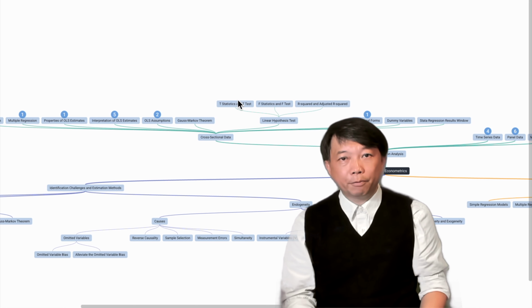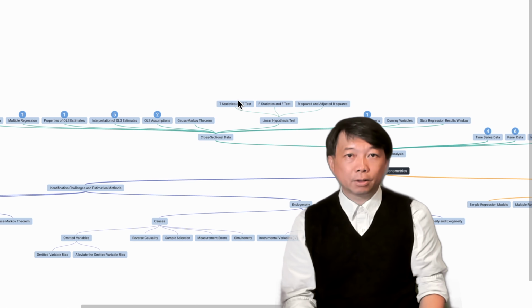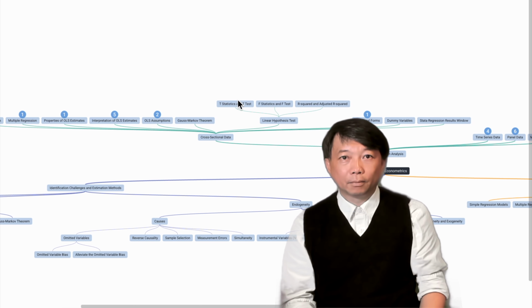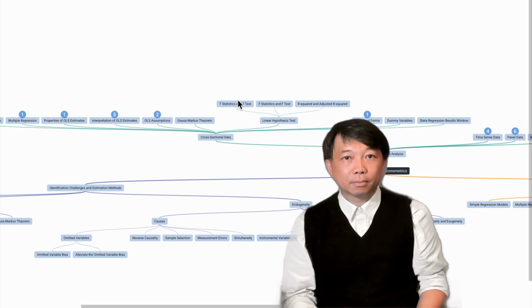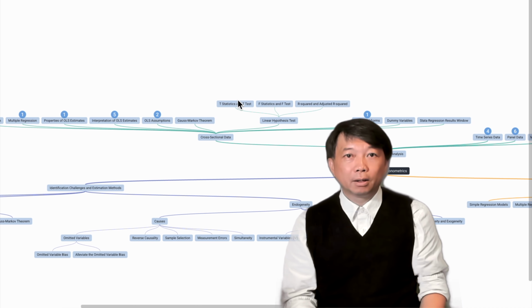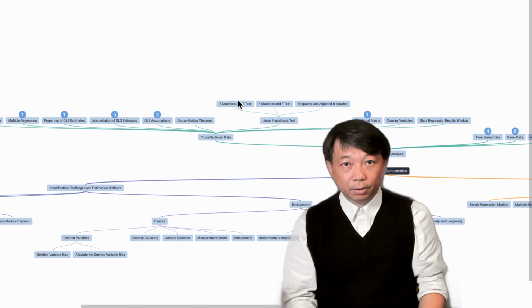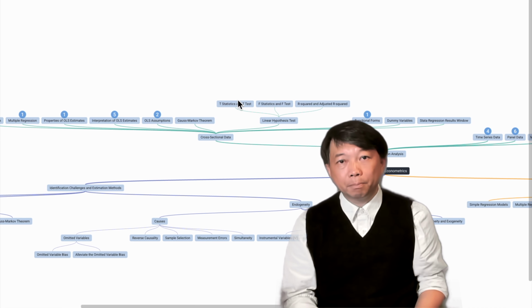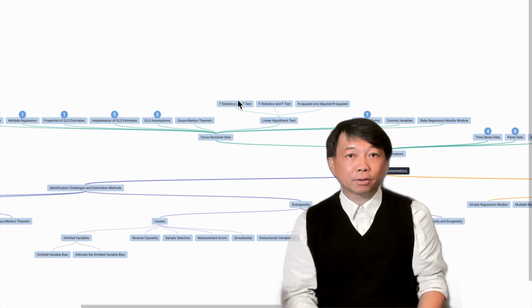If the null hypothesis is true, that is, if the expected value of beta hat is 0, then the OLS estimator beta hat, subtracting 0 and then divided by standard error, has a t-distribution. That is why when we test whether a parameter is 0, the t-statistic is expressed as the beta hat divided by its standard error.